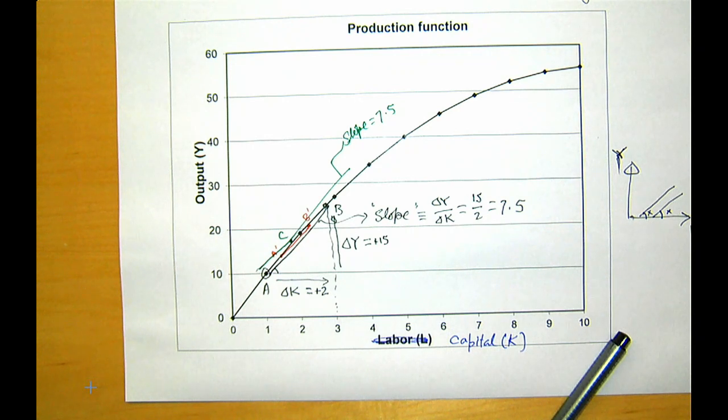Please make sure in the tutorial, ask the tutor, and make sure you understand that. So when I say slope of a production function at a particular point, I'm really taking 2 points near that point, on two sides, and calculating the ratio of rise over run.